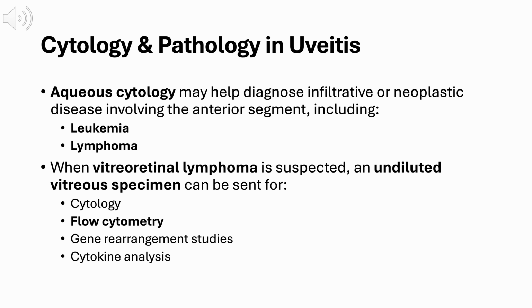And when vitreoretinal lymphoma is suspected, recall that older patient with stubborn vitritis, an undiluted vitreous specimen should be sent for a full panel: cytology, flow cytometry, gene rearrangement studies, and cytokine analysis. That multi-test approach maximizes the chance of catching lymphoma cells, which are notoriously fragile and easy to miss on a single test. Handling and processing the specimen correctly is as important as obtaining it.